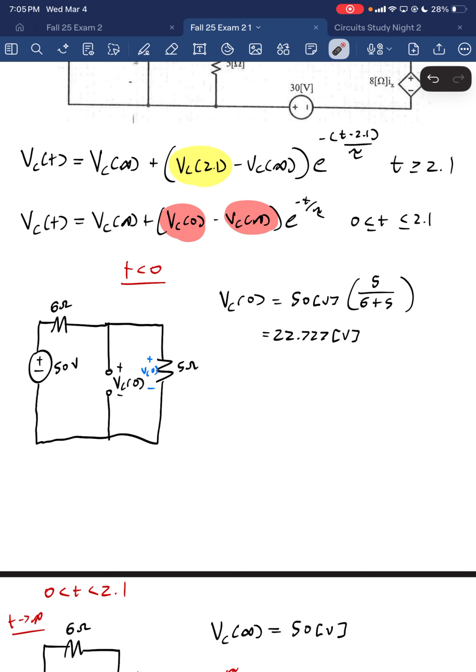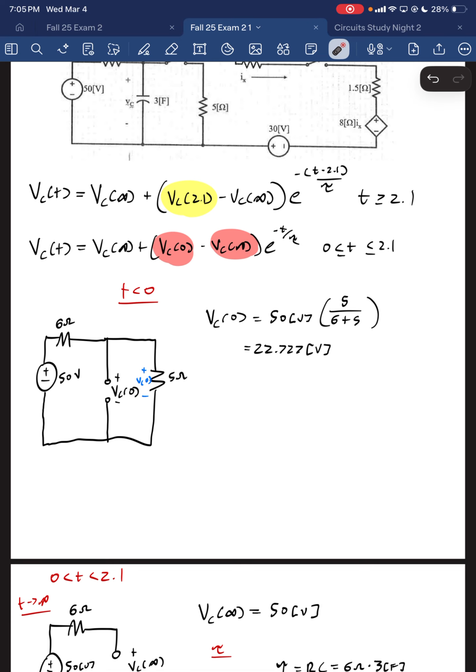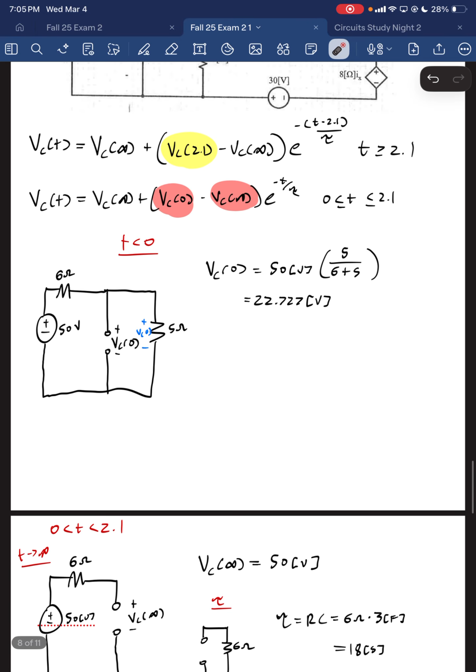Without that term, you can't find VC of 2.1. You can't model the voltage at t equals 2.1 without building this equation out fully, even though in this actual circuit it'll never reach that point. It's only going to get to 2.1 seconds, and we're about to find what voltage it would reach in that time frame.